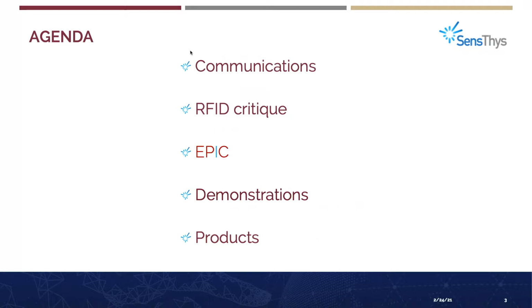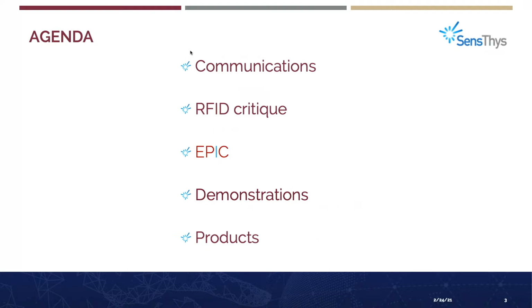So we're going to talk about how communication works between things in a rather general way, and then we'll look at RFID as simply a communications platform where you're talking between the reader and a tag. Basically, you're passing information between those two devices. We'll talk about the shortcomings of RFID.